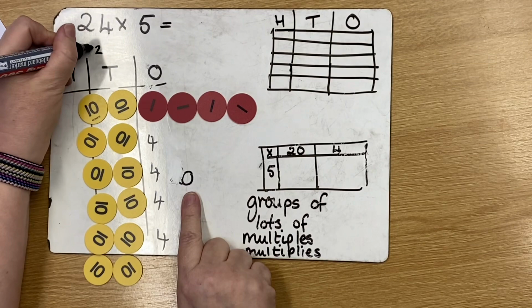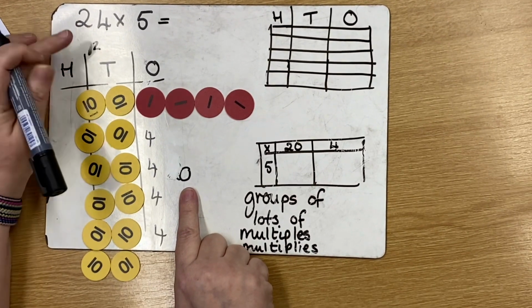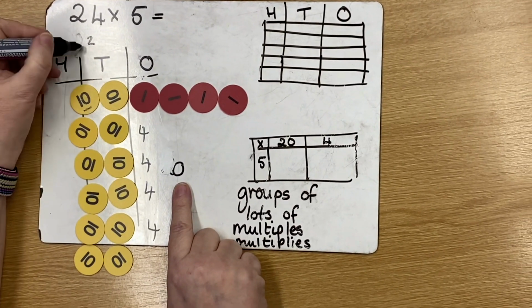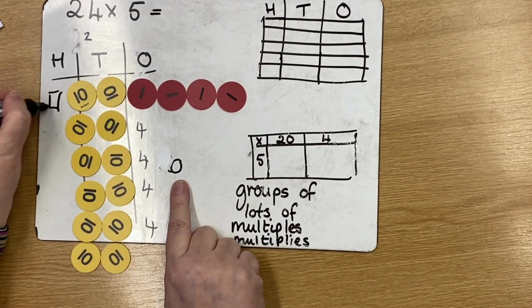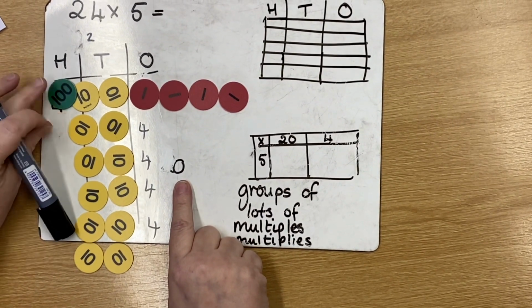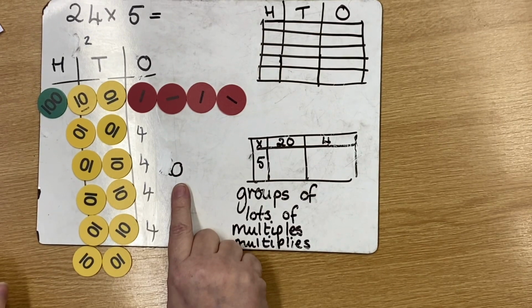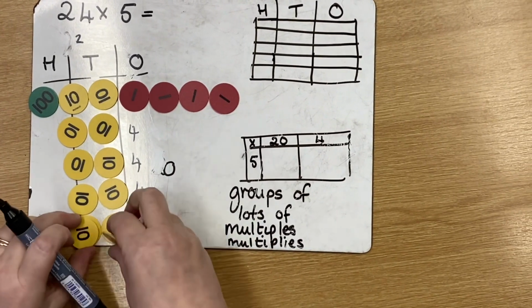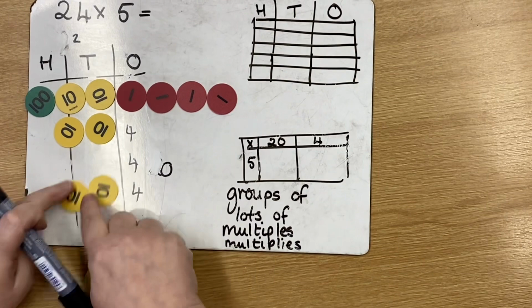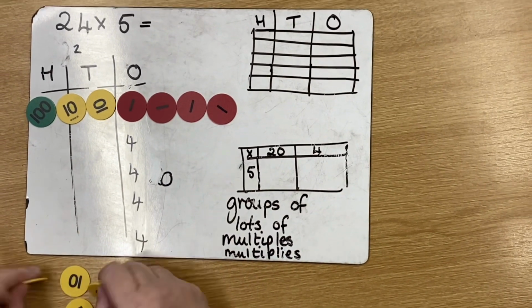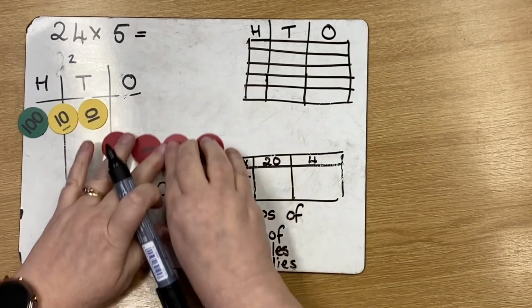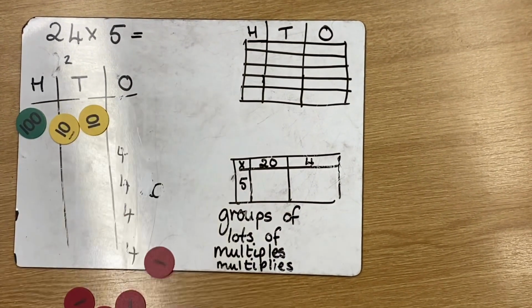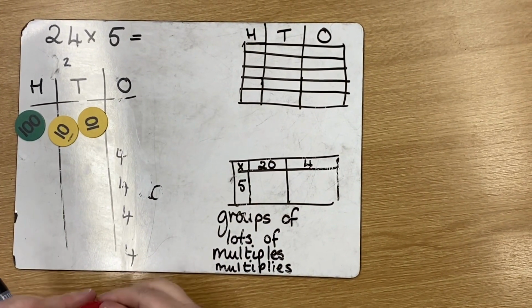Again, we can't have 12 10s, so the children would know to exchange the 10 groups of 10 for 100. Have one there. So they would add up those 10 and leave it with their 20. So we'd end up with 120 as our place value.